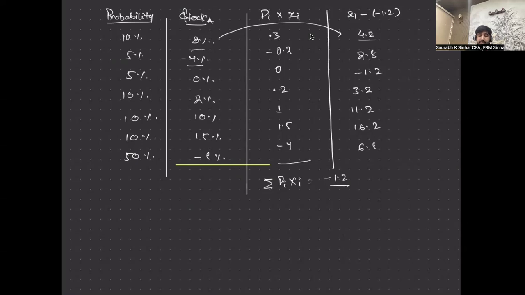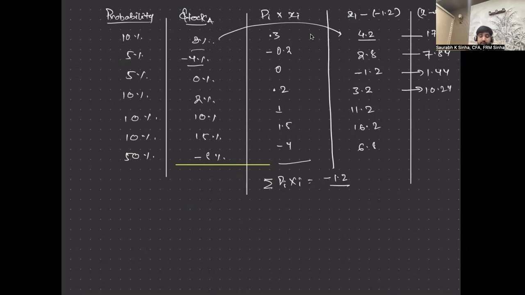Then you do the square. So 4.2 whole square will become 17.64. 2.8 square, that is 7.84. 1.2 square, that will become 1.44. 3.2 square, that will become 10.24.